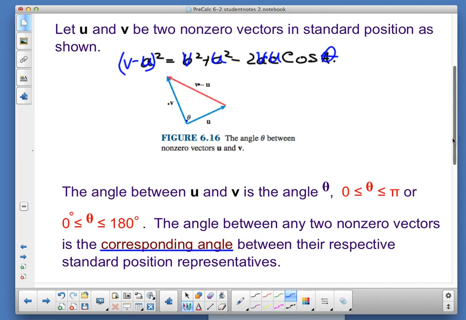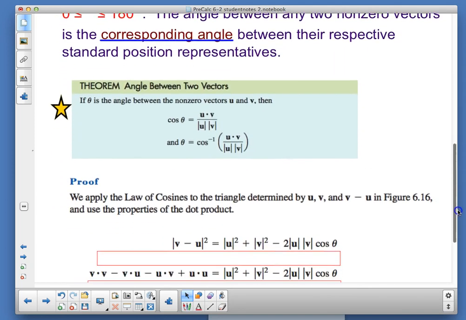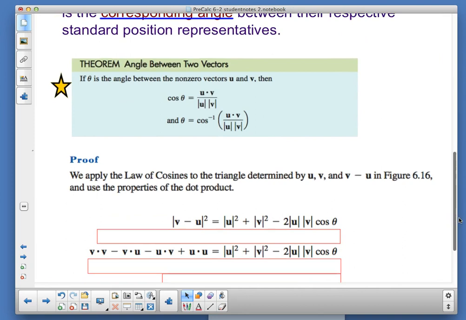If I wanted to find this without doing the law of cosines, I could do the law of cosines if I wanted to, but there's a shortcut. It's derived from the law of cosines, and here's the formula they give us. This is the formula we will be using in order to find the angle value between two vectors that they provide.